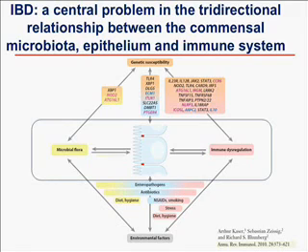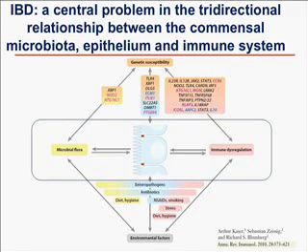Each of these individual components, the microbial milieu, the epithelial cell, and the immune system, are each under the control of a variety of genetic factors, and each under the control of a variety of yet to be defined environmental factors. I would suggest to you that what makes an environmental factor important in this disease, and probably all these diseases, but at least with respect to IBD, is that these environmental factors have to affect the microbial milieu, the epithelium, and the immune system in a very precise way in a particular genetic context.